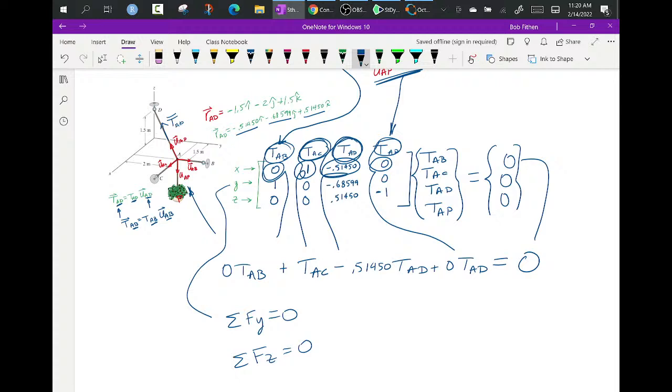Does this seem okay, or do you want this worked the long, long way? Because this technique works every single time. It's the same technique. You just find the base vectors, you list them, and you make sure you list x, y, z the right way.